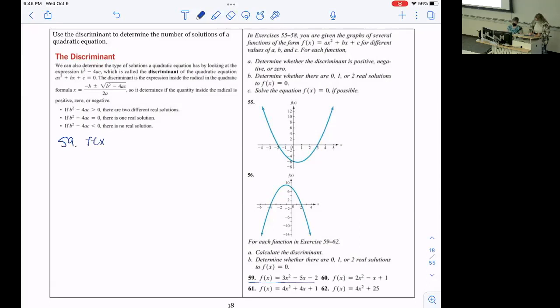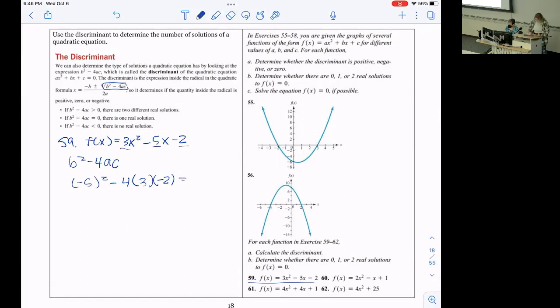We're given f of x equals 3x squared minus 5x minus 2. We're going to look at b squared minus 4ac. When we plug in our a, b, and c, we have negative 5 squared minus 4 times 3 times negative 2.